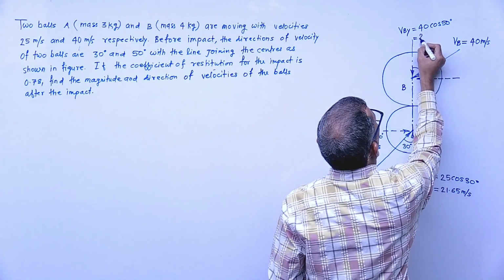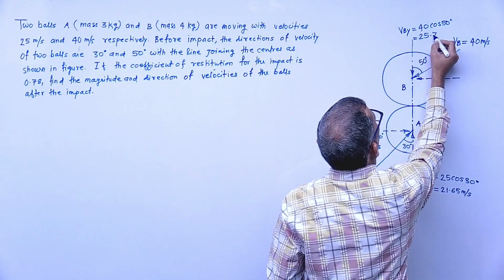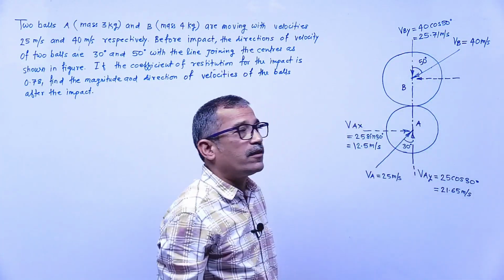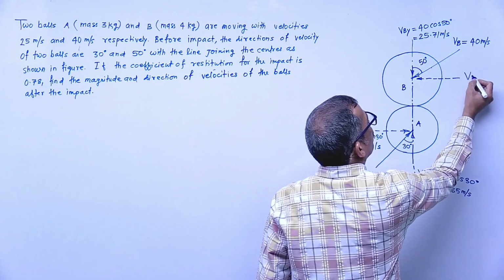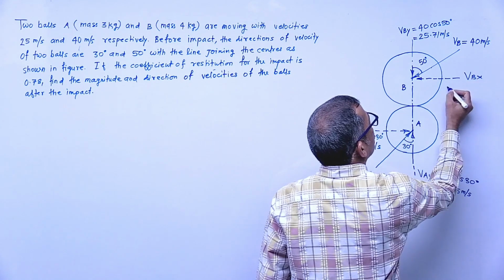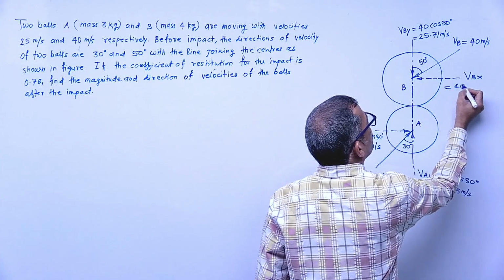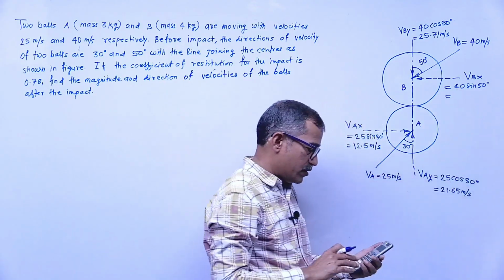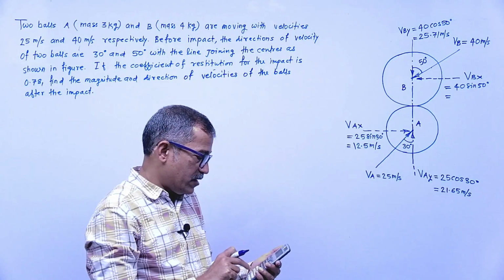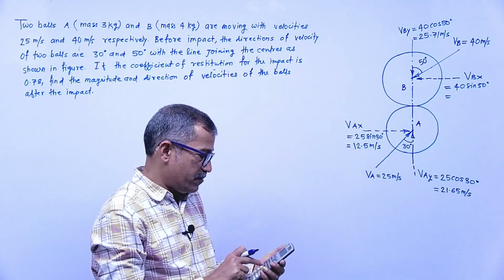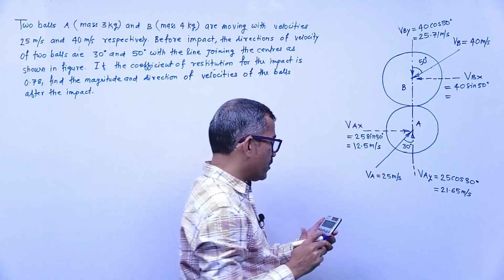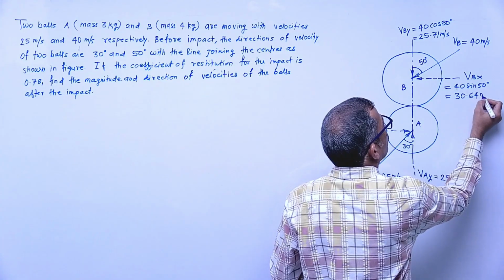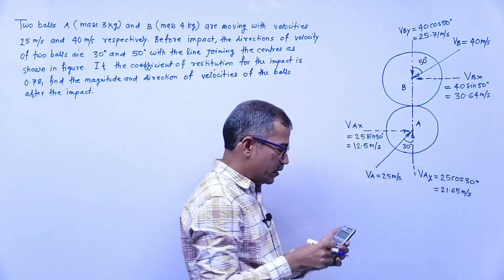It is 25.71 meters per second. The other component is sine: VBX is equal to 40 sin 50, which comes out to be 30.64 meters per second. Resolution clear?